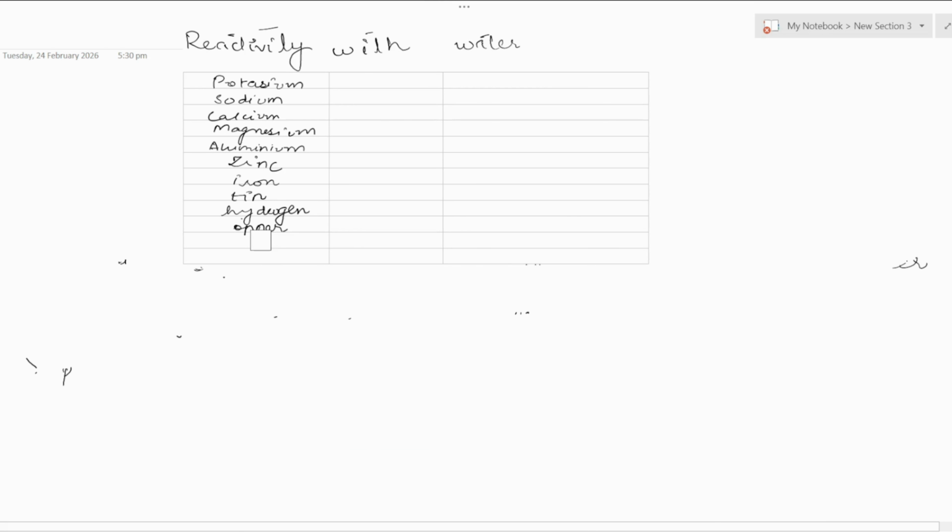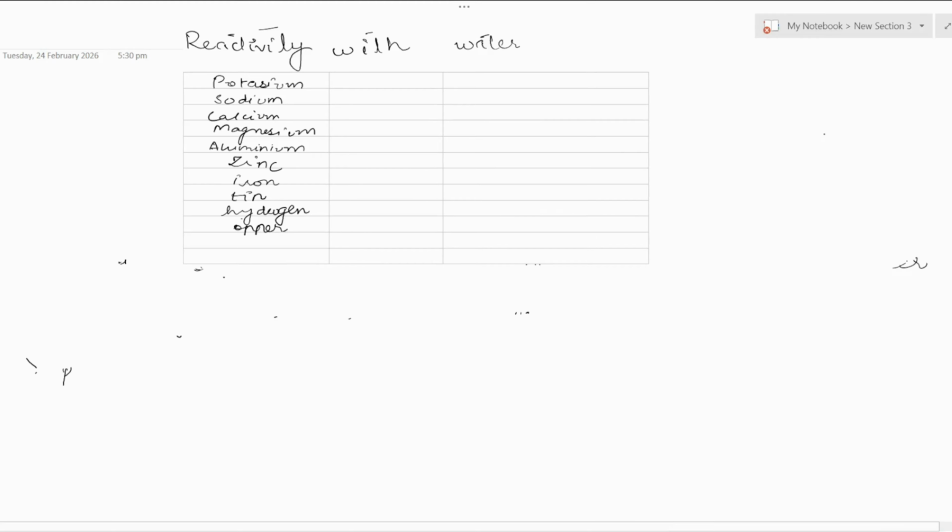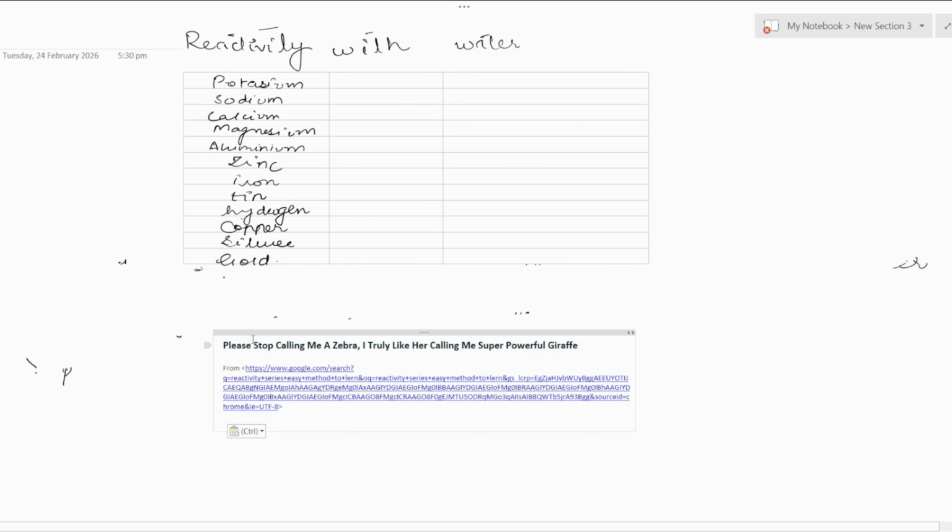Superpower is silver, and giraffe is gold. Okay, so it would be: please stop calling me a zebra, I truly like her calling me a super powerful giraffe.